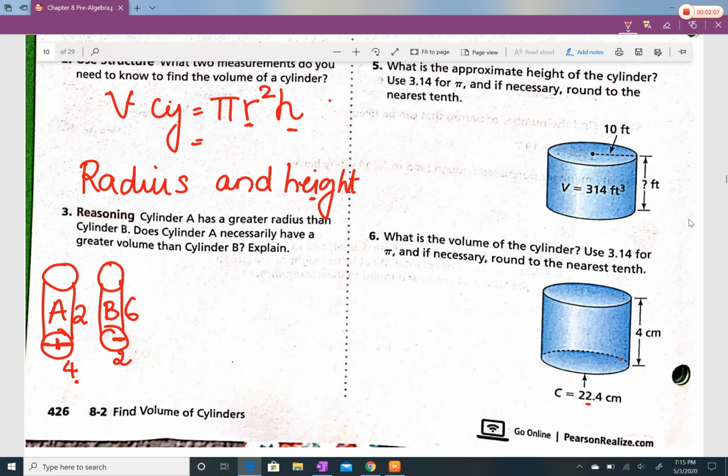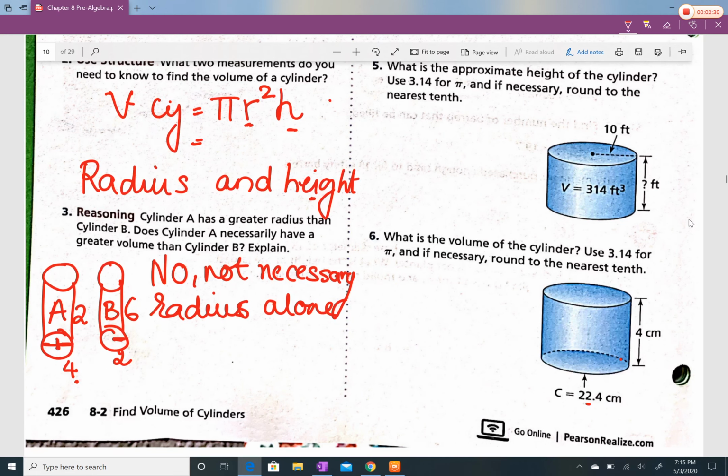So if the height is bigger for B, we can get more volume for B. So it's not necessary, radius alone doesn't determine volume.